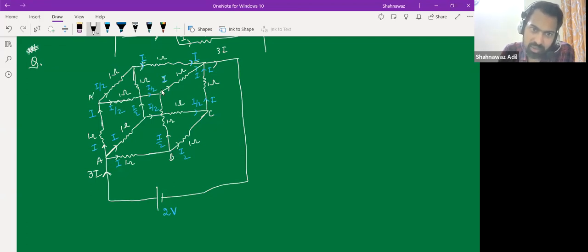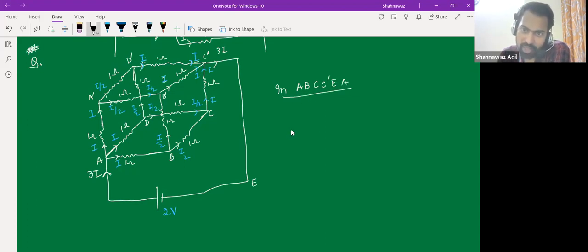This is B, so this is B prime. This is C, so this is C prime. This is D, so this is D prime. And this is E. In A, B, C, C prime, E, and A, in this loop.